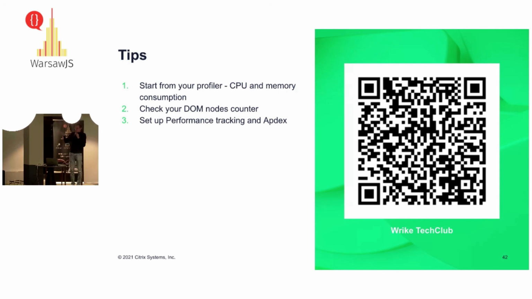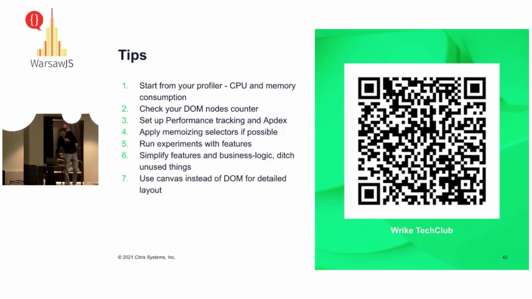I will try to set up performance tracking to understand the real picture from the customer side, because I can have a performant MacBook, but they don't. And if I use Redux minimizing selectors, I won't be afraid to run any experiments with features to get rid of them and simplify features and business logic. For any detailed layouts, I will use Canvas instead of DOM.